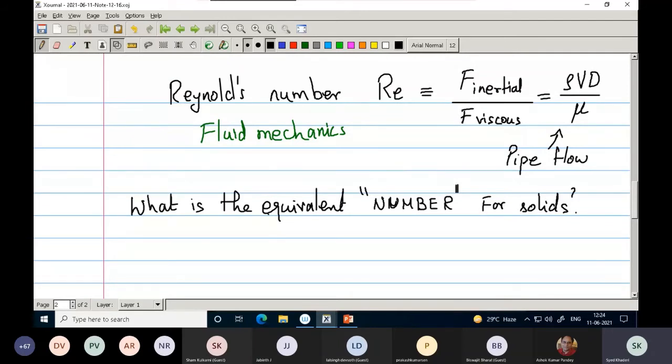Let's call it an inertia number, In. It's going to be the ratio of the inertial force to the elastic force.